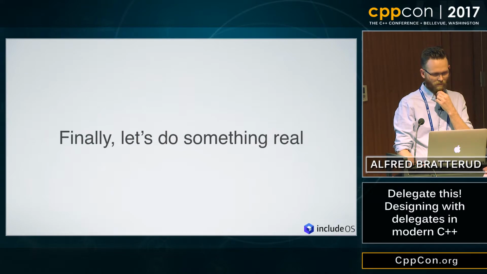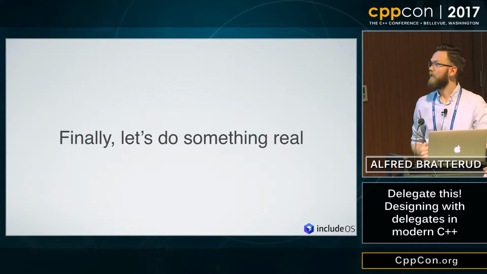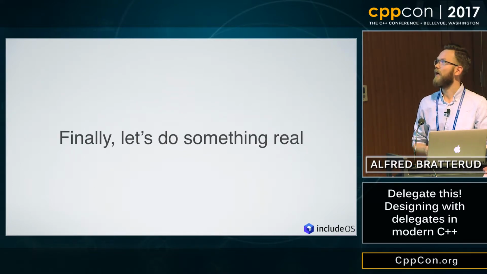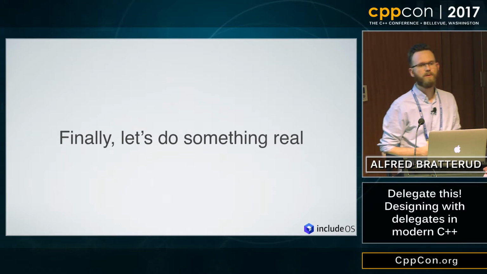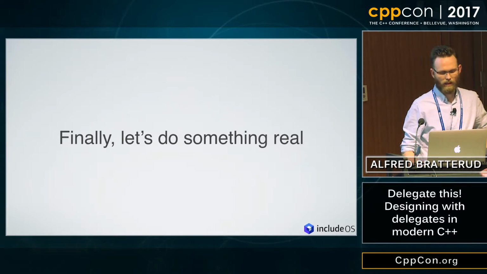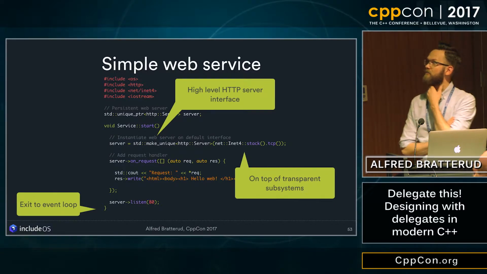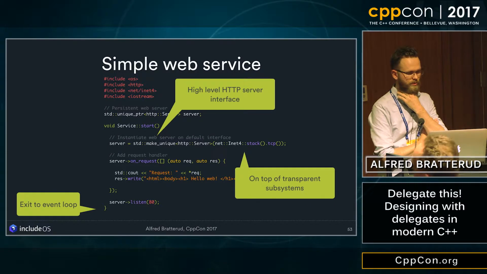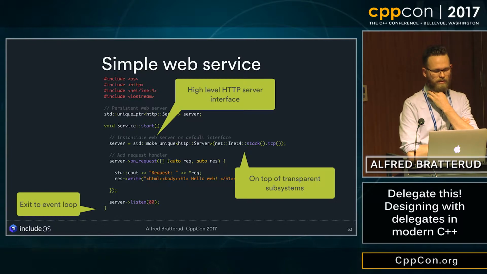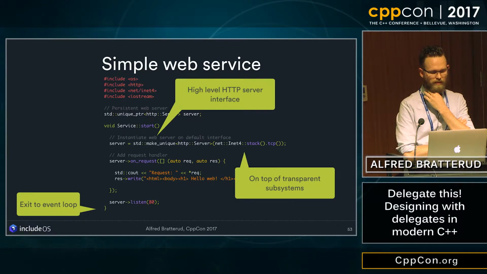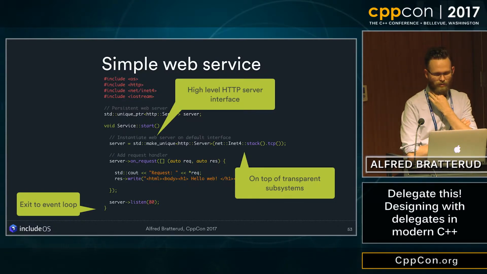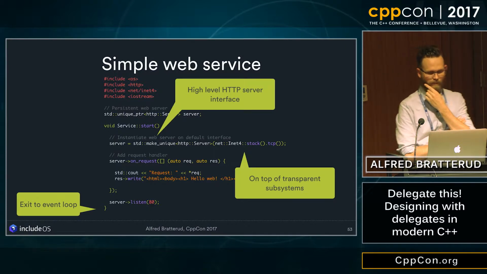Yeah. So I'm getting close to the end, but I'm going to show you an example of something we can do with IncludeOS, where we can actually do something real here. So this is from yesterday, a simple web service, and you can see that we're using a simple HTTP server abstraction on top of our IP stack.